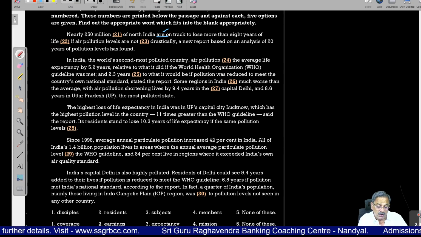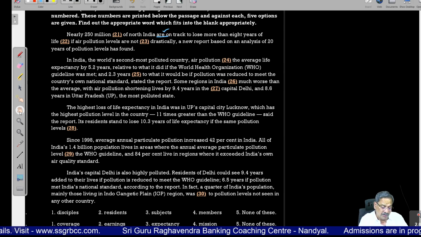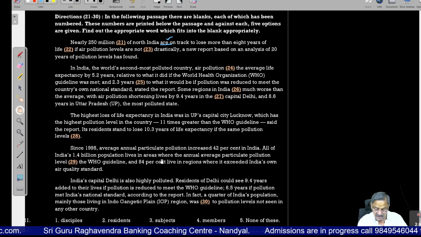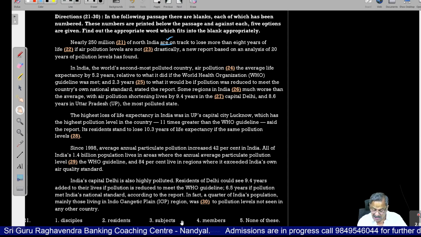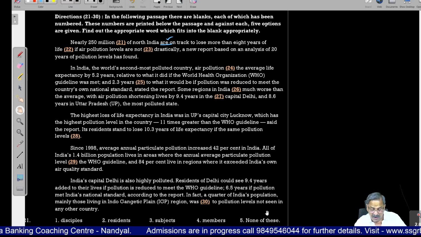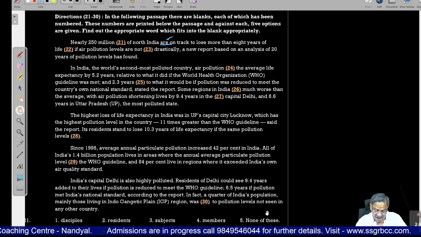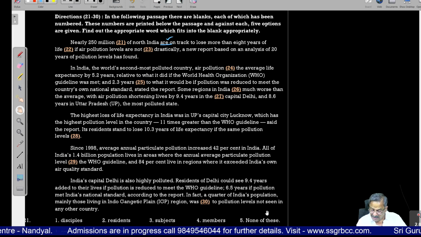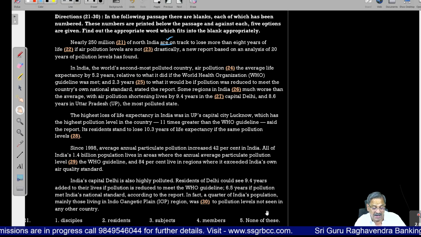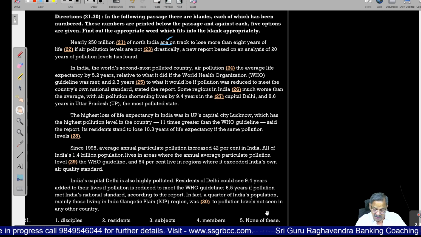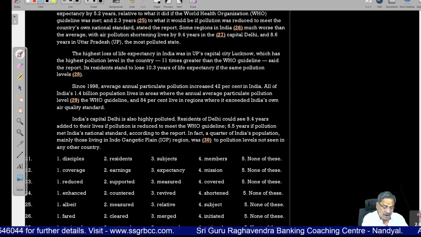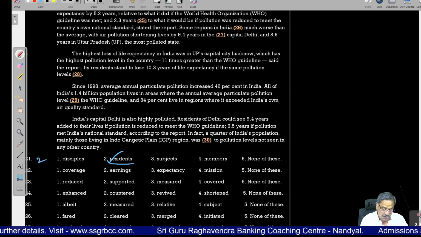Here it should be 250 million noun. 250 million disciples, residents, subjects, members. Nearly 250 million residents of North India or subjects of North India, disciples of North India, the members of North India on track to lose more than 8 years of life. So definitely we have to use residents. So option 2 is correct.